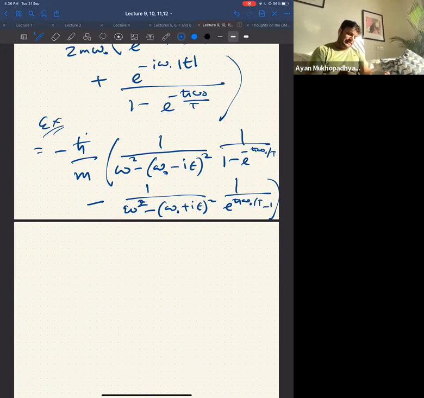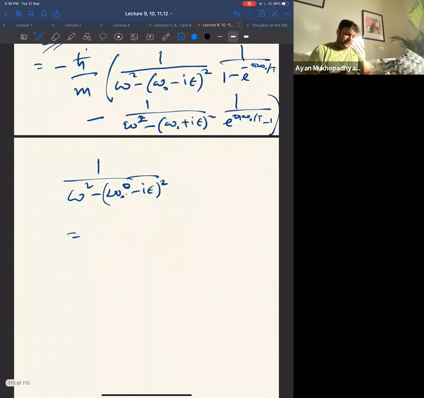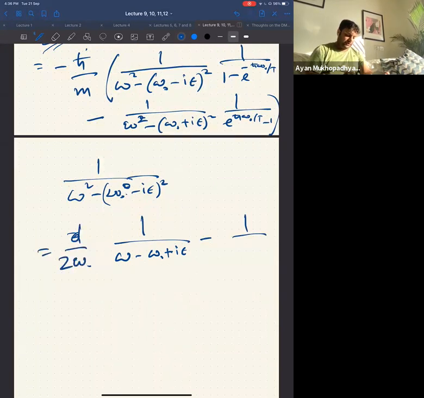Then you see that this part, 1 over omega squared minus omega naught squared, is essentially just your retarded propagator, if I strip this off, and then you have a 1 over 2 omega naught. It will be something like this if I write this factor explicitly.